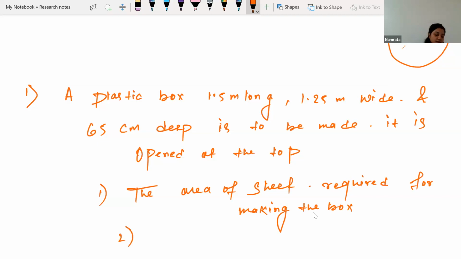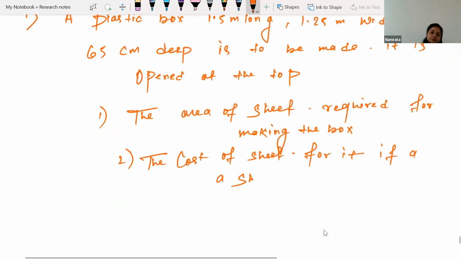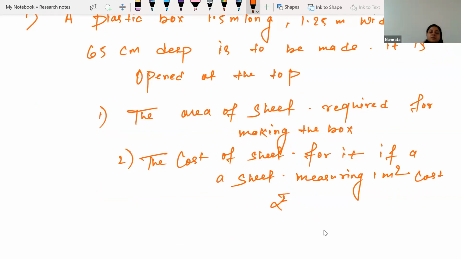And the second part is asking us the cost of the sheet for it, if a sheet measuring 1 meter square costs rupees 20.